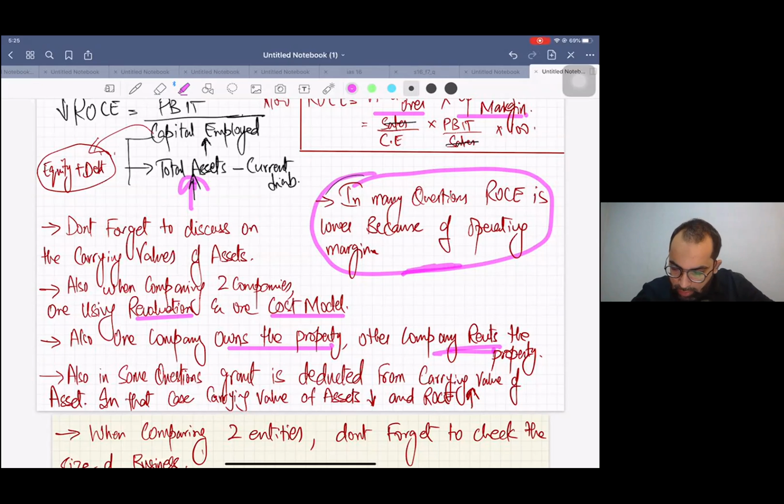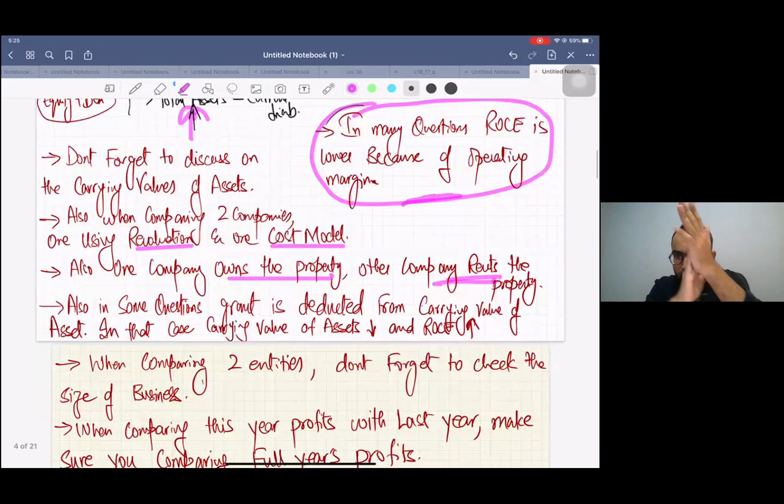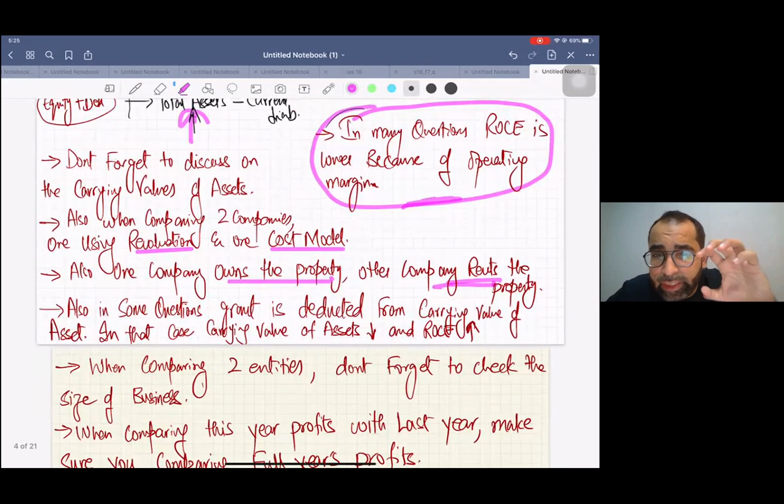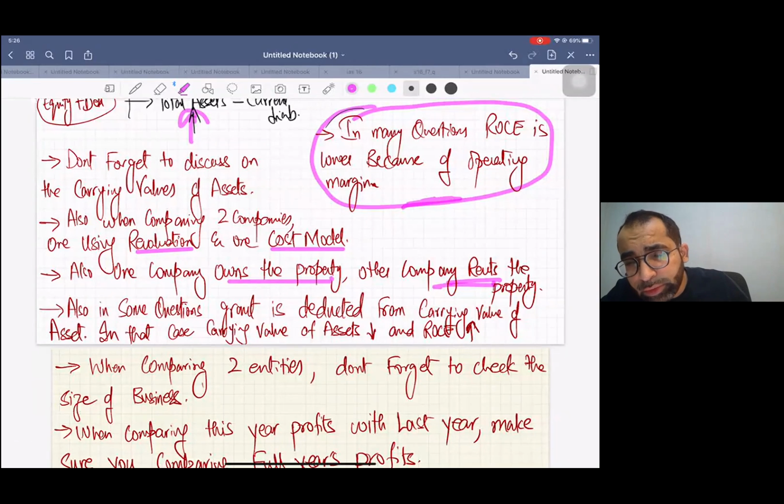Very good. Listen, F7 is a complete package. If you are in a ratio question, you still must have knowledge of IAS and IFRS. Don't assume that in a ratio question you can't expect any IAS. They can give you IAS, they can give you consolidation. In the last 3 years, consolidation and ratio questions have been interlinked.